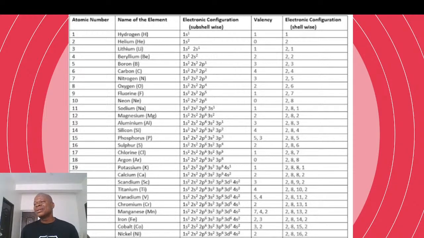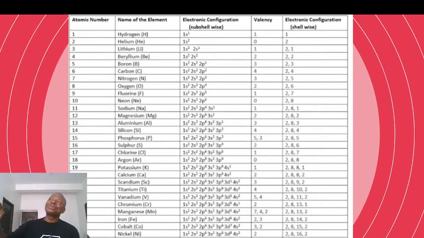Let's add it up. 2 plus 2, that is 4. 4 plus 6, that is 10. Then plus 2, that is 12, and plus 1, that is 13. Giving us the atomic number of aluminium, 13.